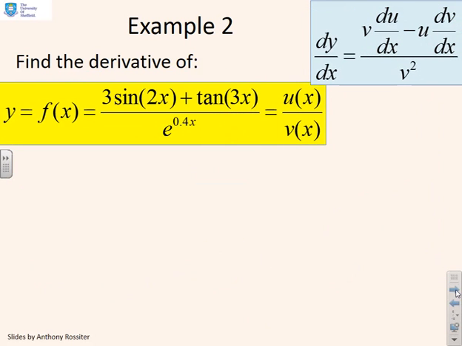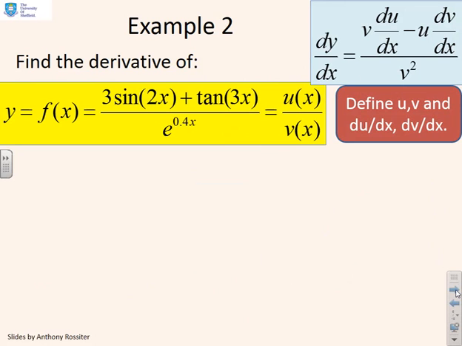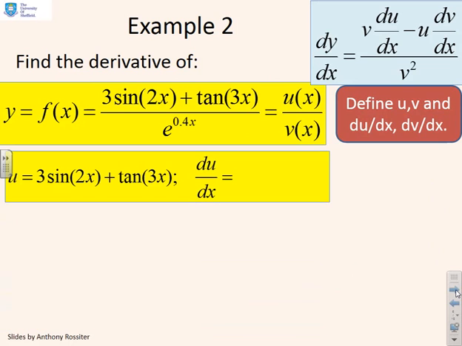Next example, find the derivative of 3 sine 2x plus tan 3x over e to the 0.4x. Again, our first step is to define u, v, and du dx and dv dx clearly. So u, which is the numerator, is 3 sine 2x plus tan 3x, and therefore du dx is going to be 6 cos 2x plus 3 sec squared 3x.